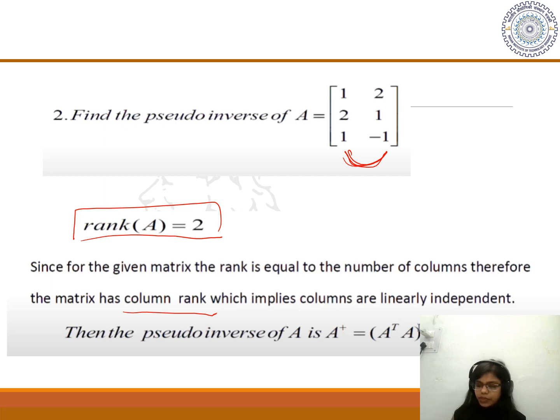So in this case, to find the pseudo inverse of matrix A, we are going to use the formula: A pseudo inverse equals A transpose A whole inverse A transpose, as we saw in the previous slides.